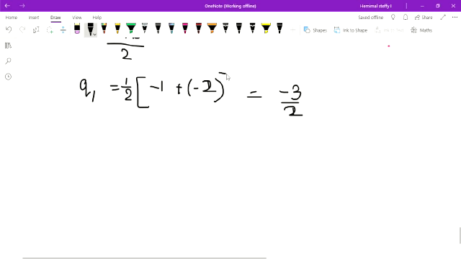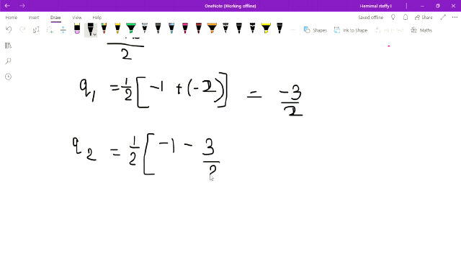Okay. Then Q2. Q2 is the same thing. A as it is, -1, and here we write -3 by 2. Taking the 1 by 2 outside, I do the cross multiply: -1 into 2 is -2, then -3 by 2.